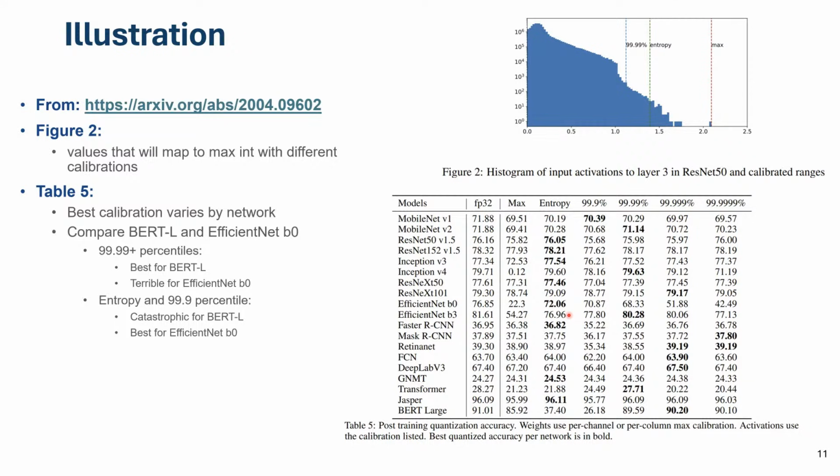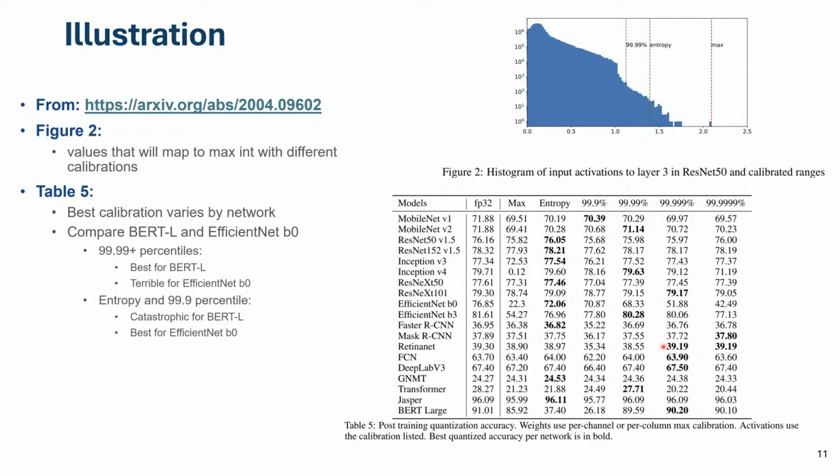This paper is from a while ago, so CNNs were all the rage and transformers were just beginning to appear. But the key observation here is that this column shows the accuracy for FP32, which back then was the native way to train things. And then there are different columns for different calibration approaches, and the resulting accuracy when you ran inference evaluation. In bold numbers, we have the highest accuracy for any given row.